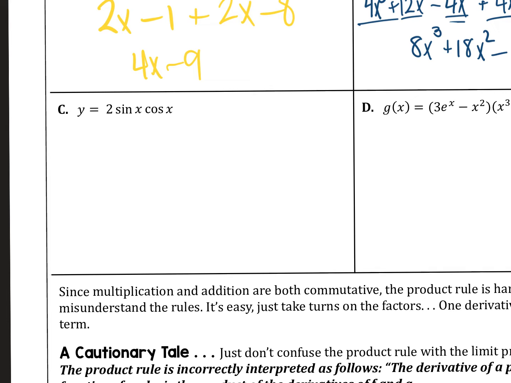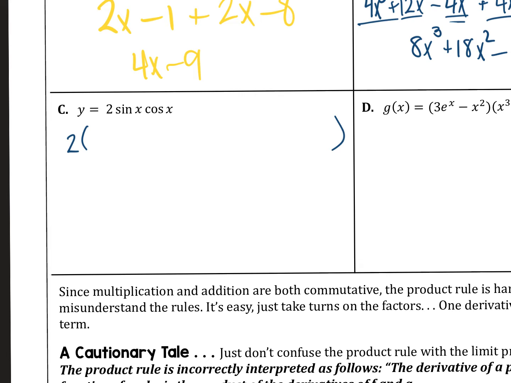Okay, so we have sine and cosine. All right, so the 2 is really going to go with each of these when you do it. Technically we can just do 2 and then do our product rule here. And then you can just leave it.